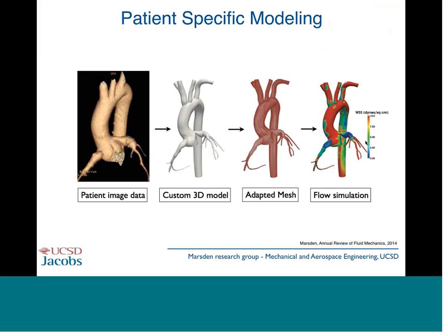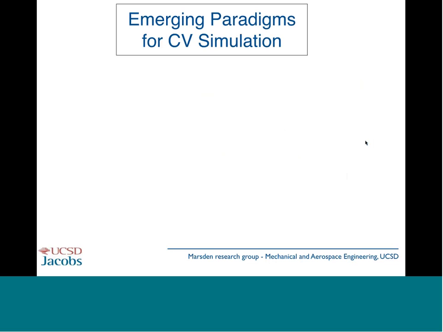We then use an unstructured mesh to create a geometric mesh, and then we run specialized flow simulations using appropriate boundary conditions to model the circulatory physiology. So this process is something we can keep in mind as we go through the rest of the talk.